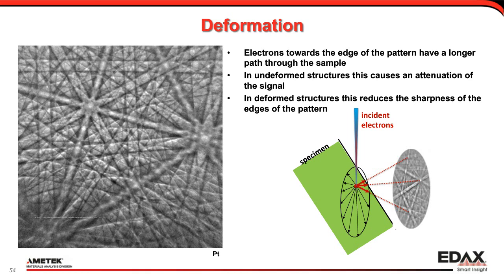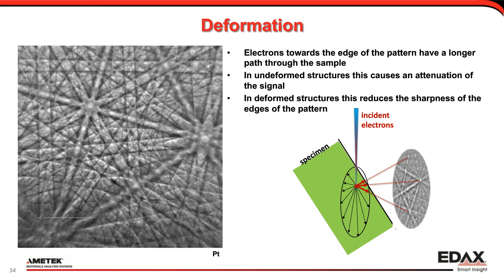So on the way, there's a lot more interaction with the crystal, and that blurs the signal a little bit and also weakens the signal. It has nothing to do with any lens artifacts, as we might sometimes think for a traditional detector. It's really what's happening inside the material.